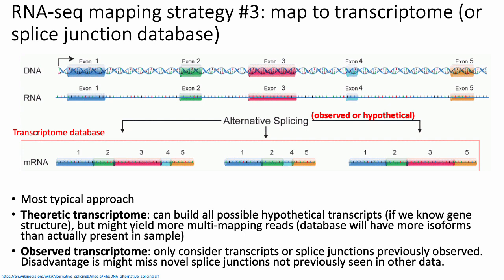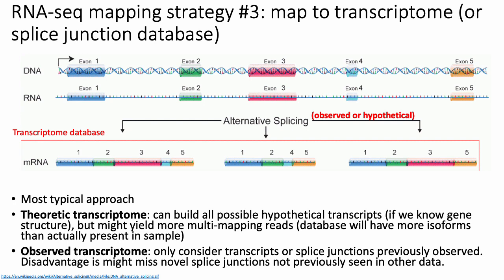So if they were using like short read sequencing, it would be really hard to actually identify which isoforms your reads came from. The best you can do is pretty much just identify which splice junctions or exons an individual read maps to. So the nice thing about theoretic-based transcriptomes is that you can be sure that you can build a pretty comprehensive database of all possible isoforms, and you don't need to rely on other people's data.